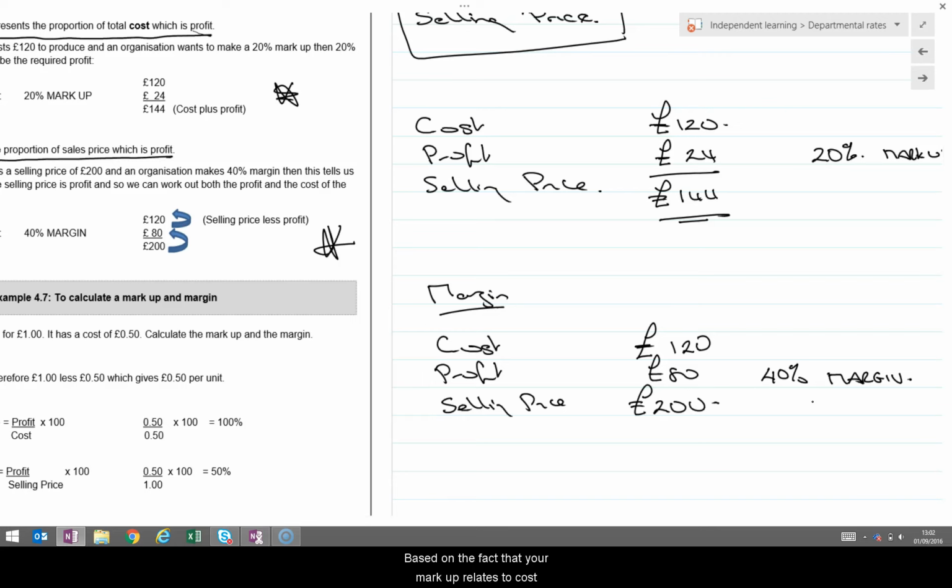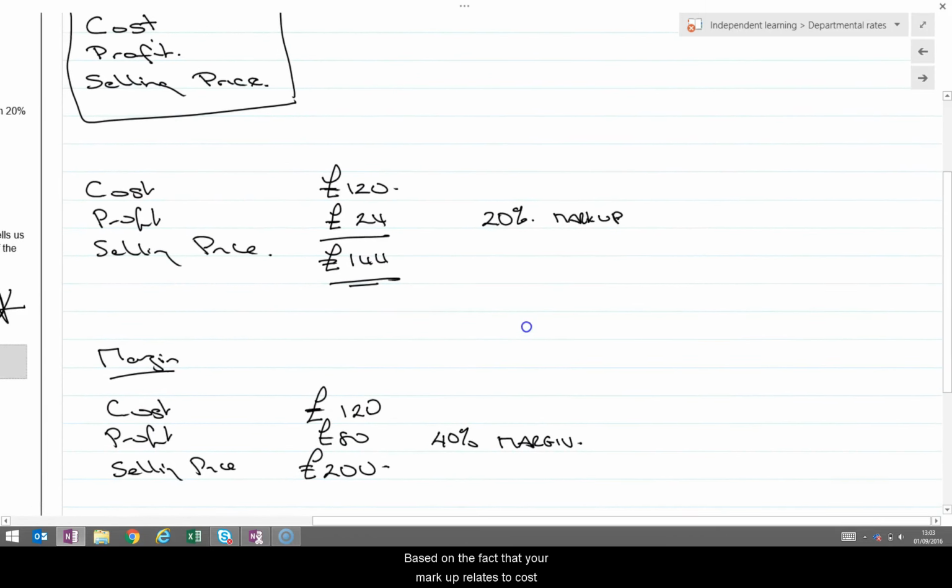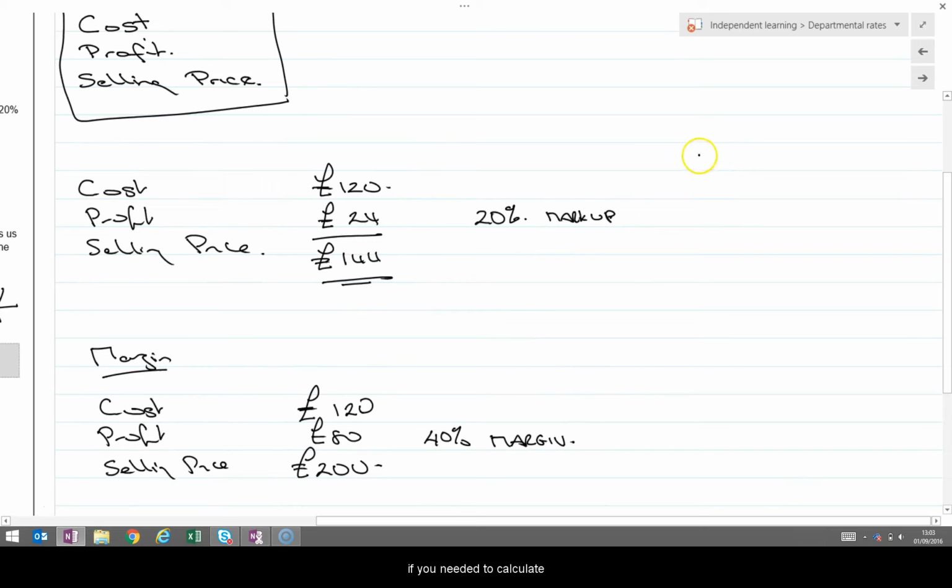Now, based on the fact that your markup relates to cost, if you needed to calculate an actual markup, so here we've used percentages. Where did those percentages come from? For the markup, it's your profit divided by cost times 100.